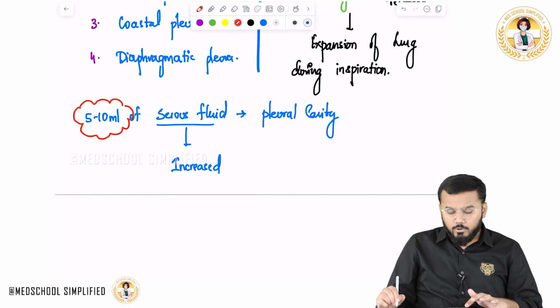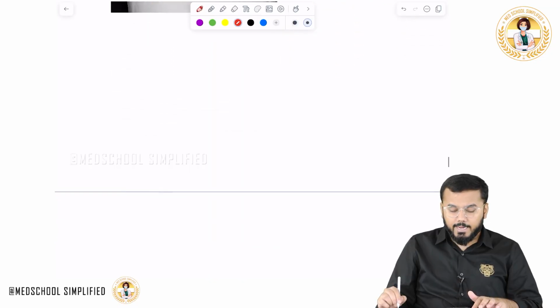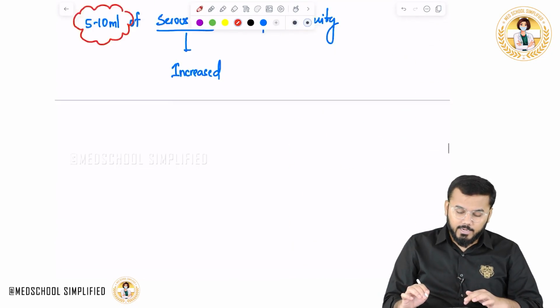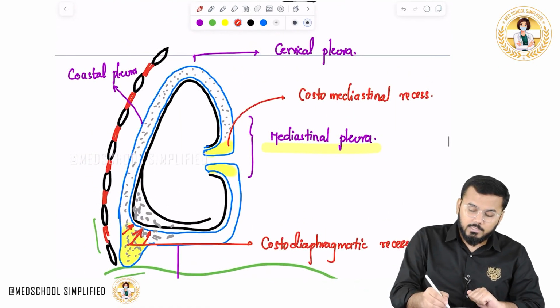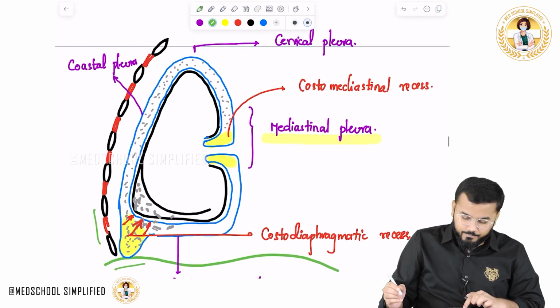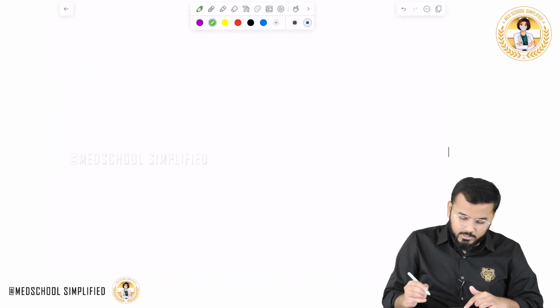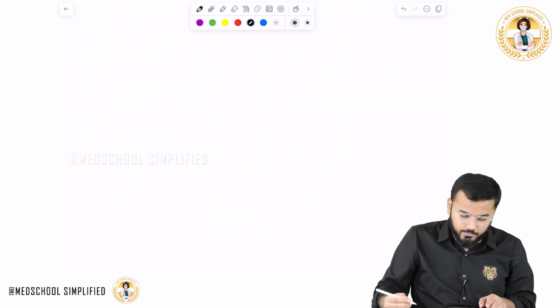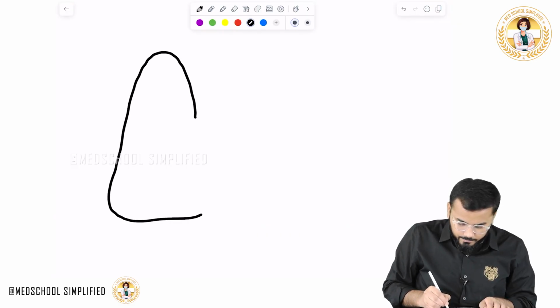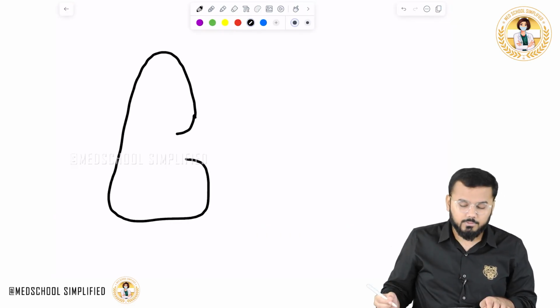Right. Now, let us look at the different kinds of nerves that supply this pleura. So, here itself I'll write it down. Let me draw this part over here so that it is easy for you to understand. Let us say this is the surface of the lung.